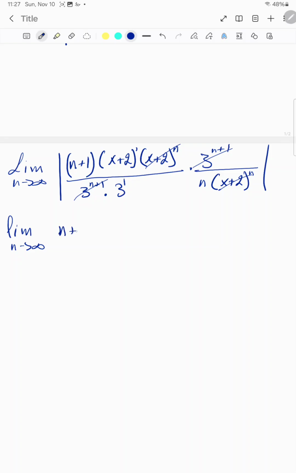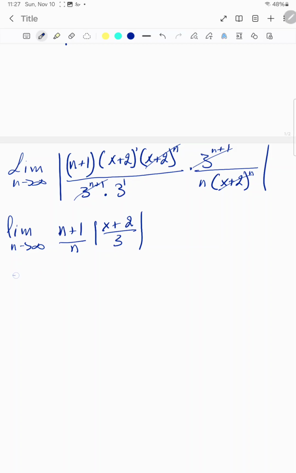It becomes (n plus 1) divided by n, times the absolute value of x plus 2. I can put the divided by 3; I know 3 is positive, but let's do it that way.